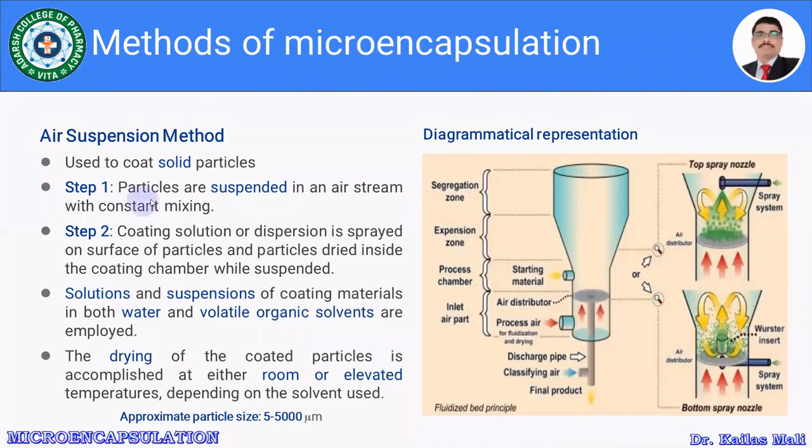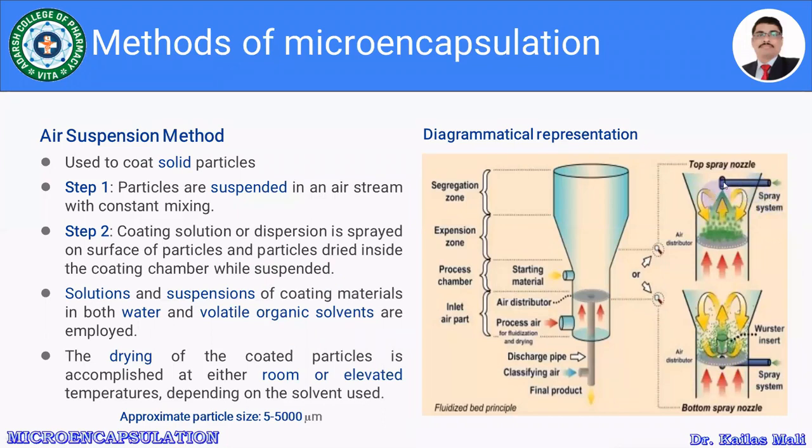So first step, that is particles are suspended in an air stream with a constant mixing, and second step, that is a coating solution or dispersion is sprayed on the surface of particles, and particles are dried inside the coating chamber while suspended, isn't it? This is the second step. So in the second step, the coating solution is applied either from the bottom by using the atomizer or a spray gun, or from the top spray nozzle.